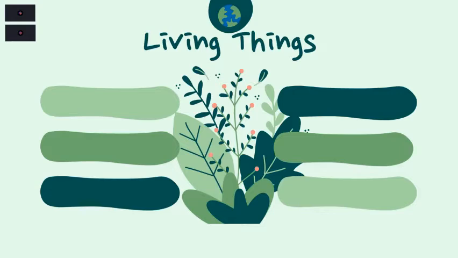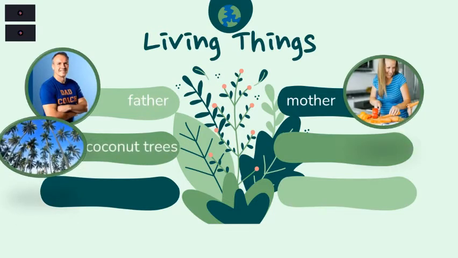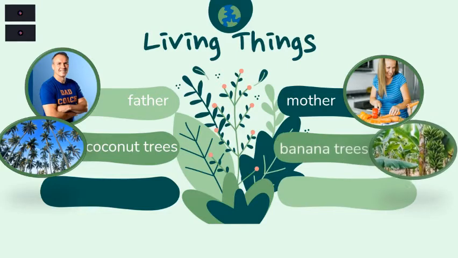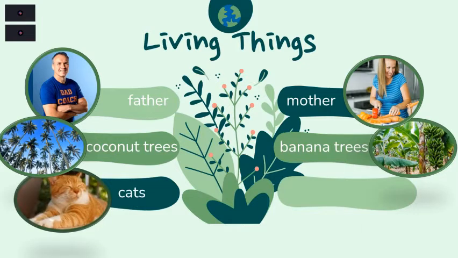They can also grow and reproduce. Living things include, for example, our fathers, mothers, brothers, sisters, grandfathers, and grandmothers.